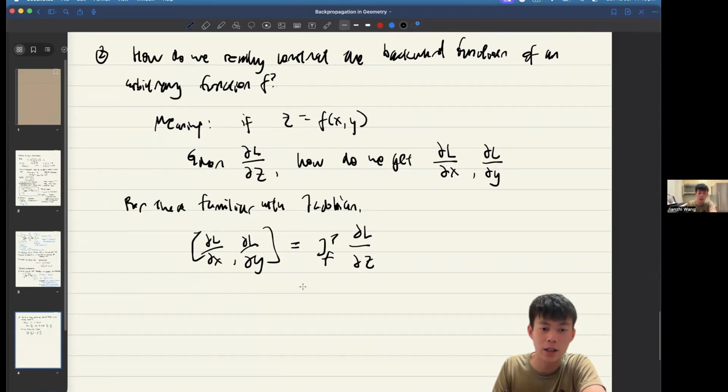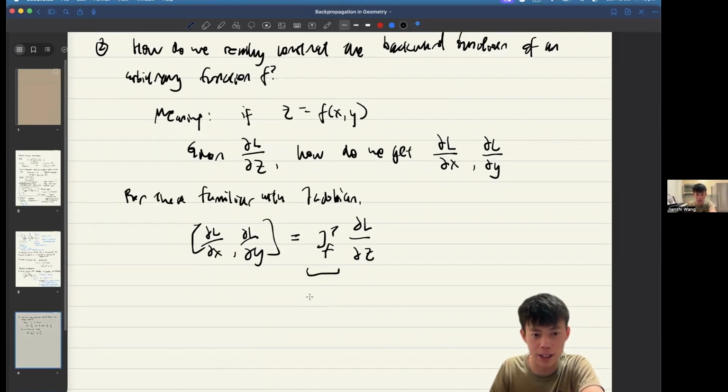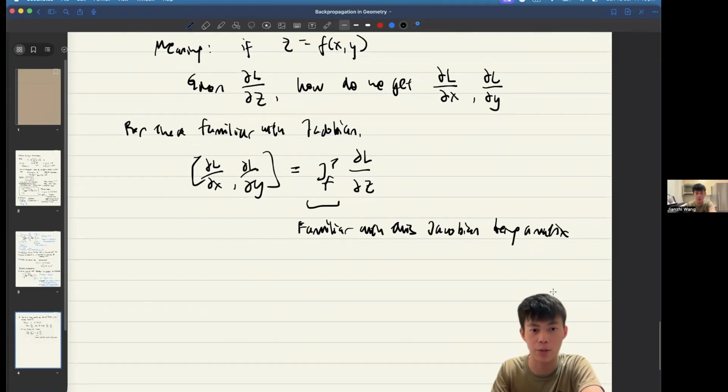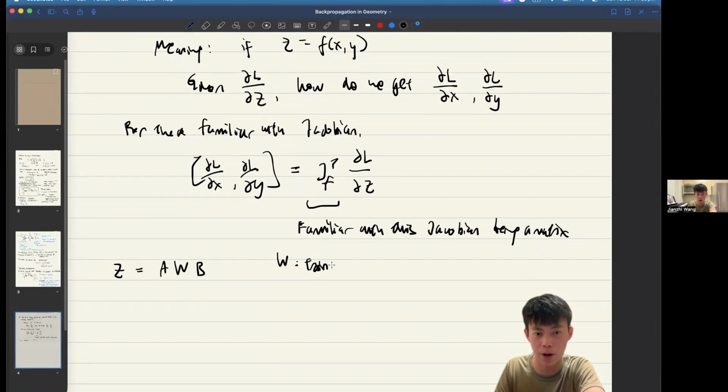We are pretty familiar with this Jacobian being a matrix, but often in the machine learning context, our functions are multi-dimensional tensors, right? So let's just give a simple example. Let's say Z is equal to A W B, where W is our trainable parameter.